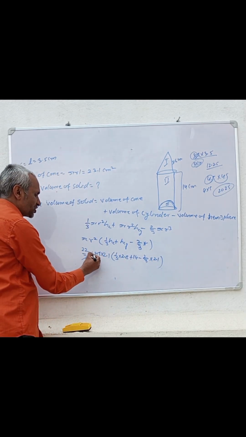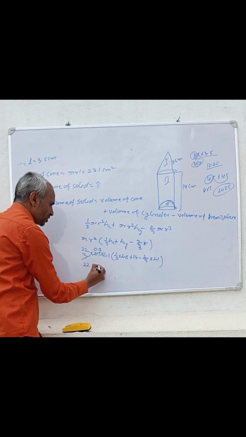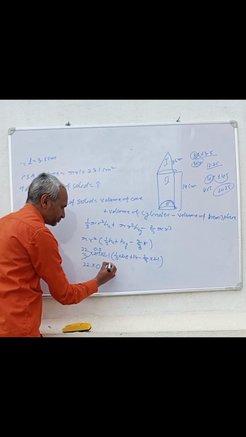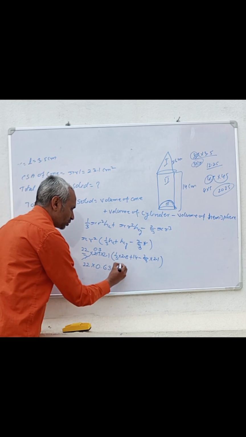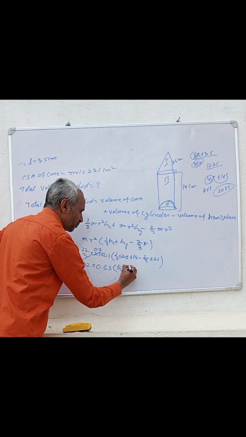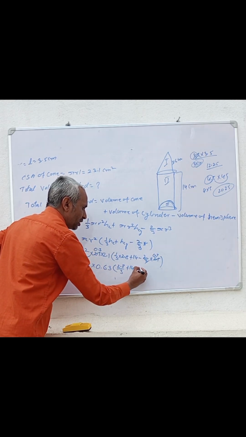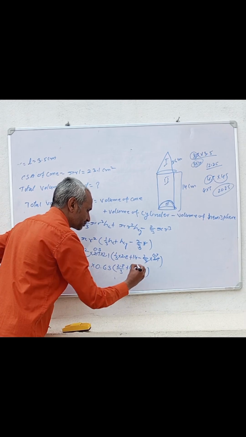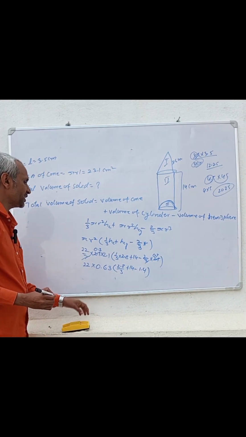Now here we can cancel 0.3. We can write 22 into 0.63, since 21 threes are 63. We cannot cancel this one, so 2.8 by 3 plus 14 minus, this can cancel 0.7, so it becomes 1.4. Let's solve the next. This number we are multiplying.